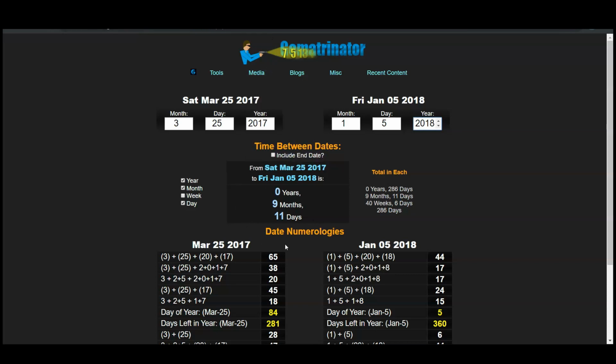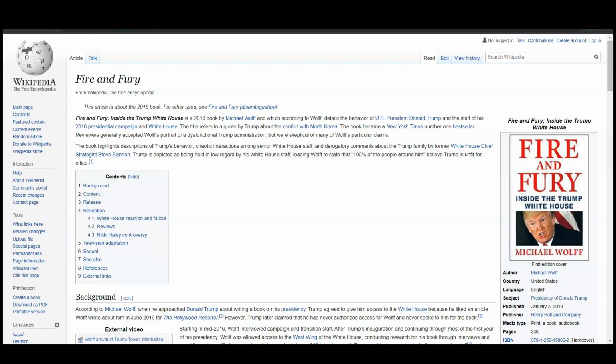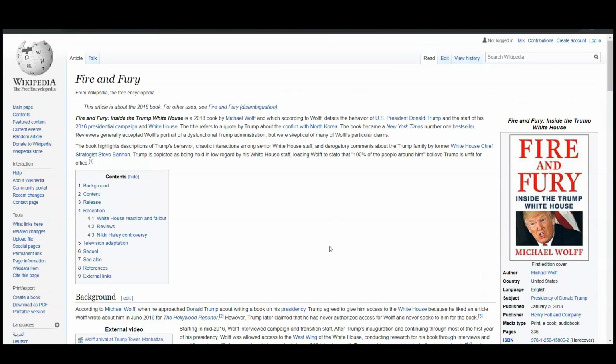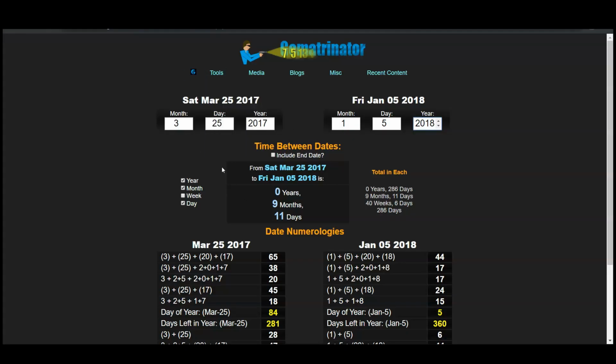But 9 months and 11 days into the pentagram, we had the release of the book, Fire and Fury. So you can see here they're definitely using this star point as a beginning point for many of the rituals here, especially in the Donald Trump presidency here.